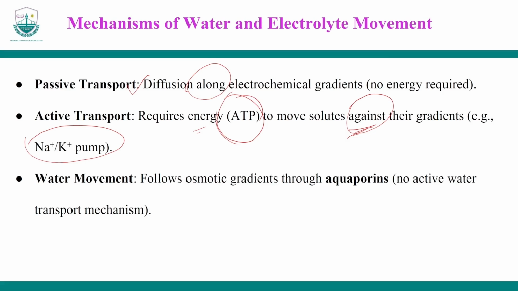Still, this is a point that I'm emphasizing, that water moves from an area of low solute concentration to an area of high solute concentration, and that process is what we call osmosis. However, it's very important to note that we have specialized channels that we can term aquaporins. These allow the movement of water through them.